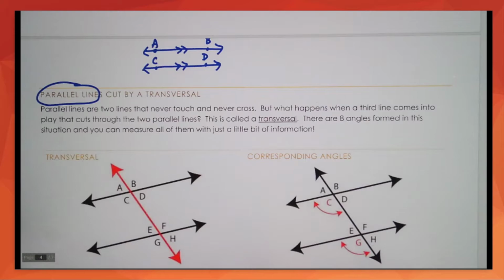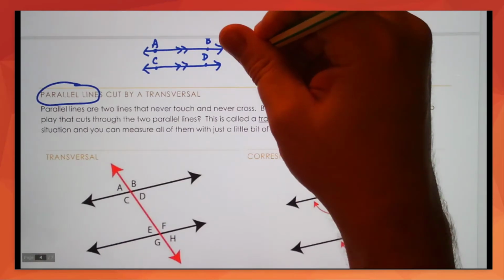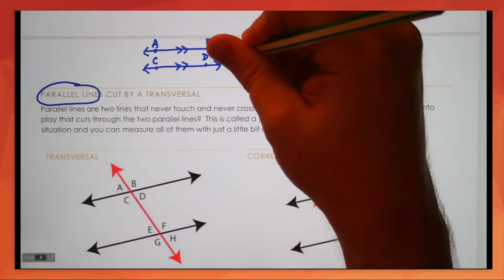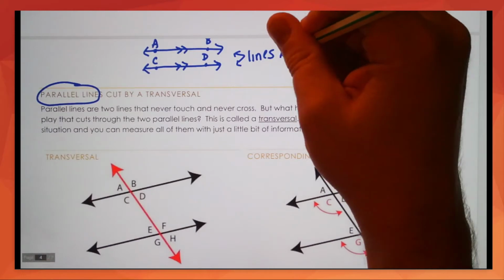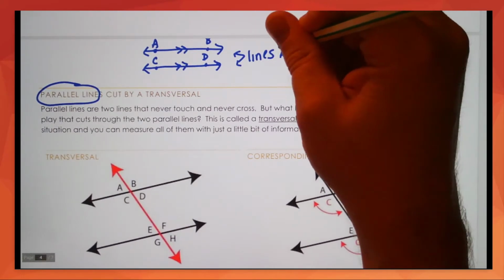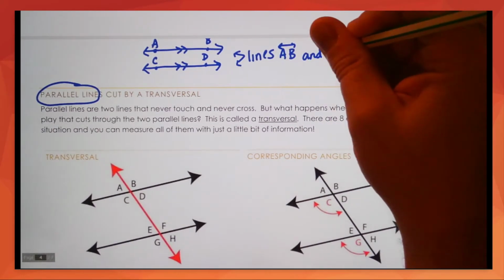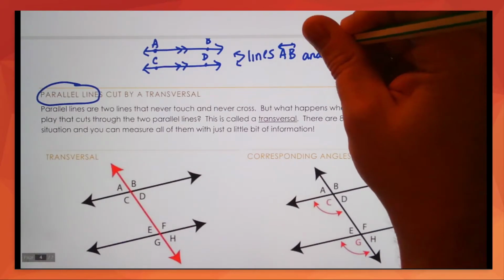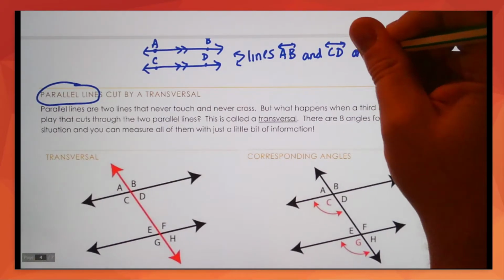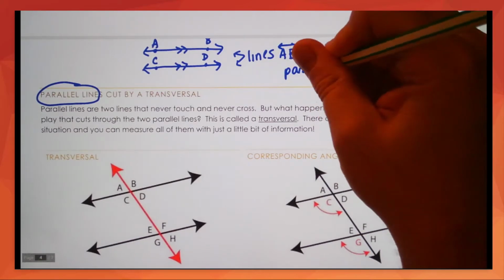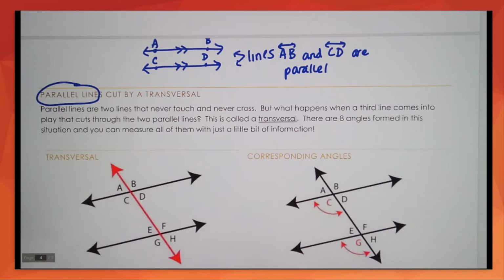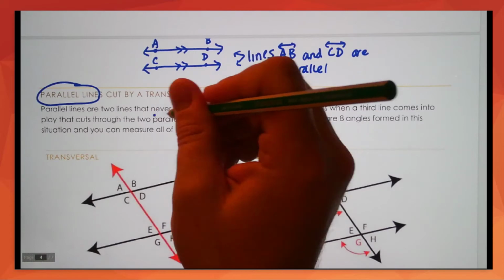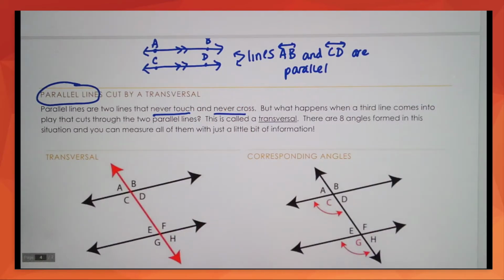That's how you know when you look at a diagram if the two lines are parallel to each other. So lines AB and CD are parallel. They run alongside each other, but they never touch and they never cross, okay?